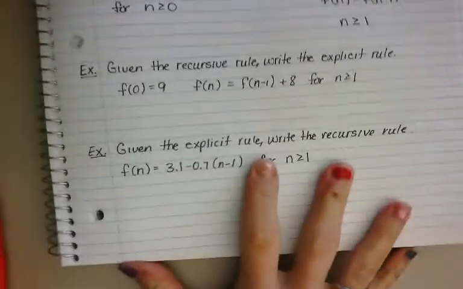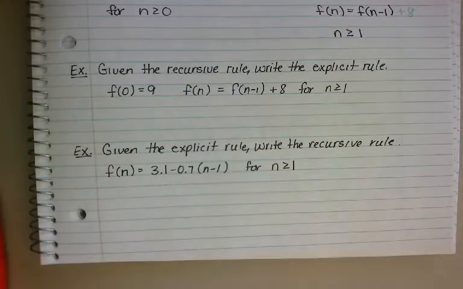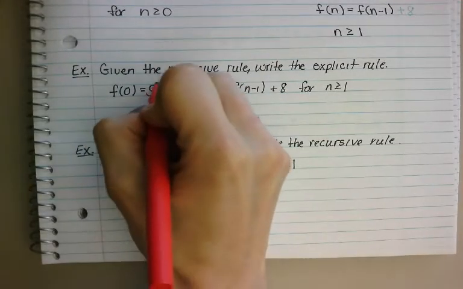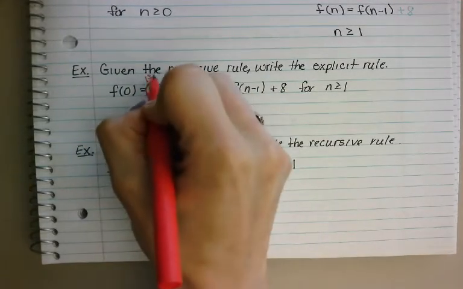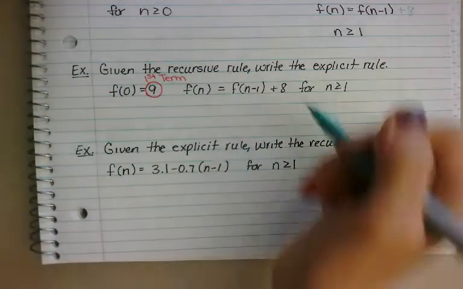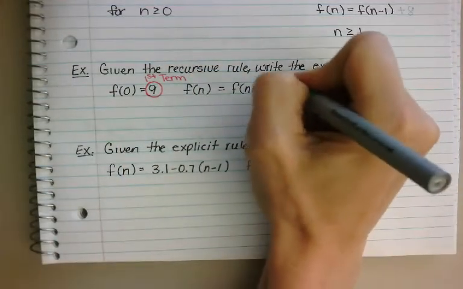On these two examples, they're going to give us a rule and they want us to write the other one. So taking a look at this, they're telling me what my first term is. They've also told me what my common difference is.